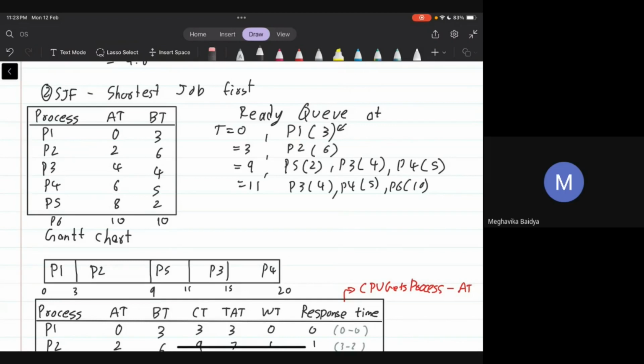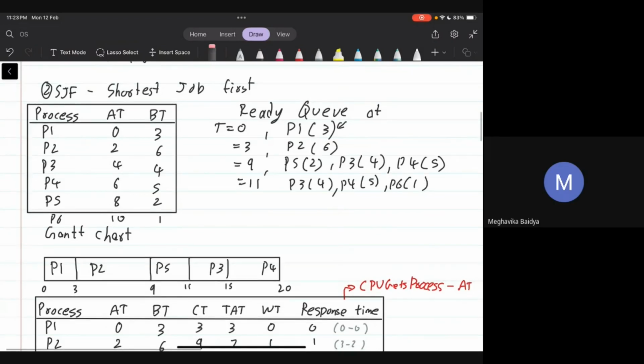Okay. But in case P6 was 1 instead of 10, the next thing you will execute after P5 is P6. Okay, understood. So once something like arrival time 10 seconds comes, we will check in the ready queue whether it is inside the process time or not. Yep. Understood.